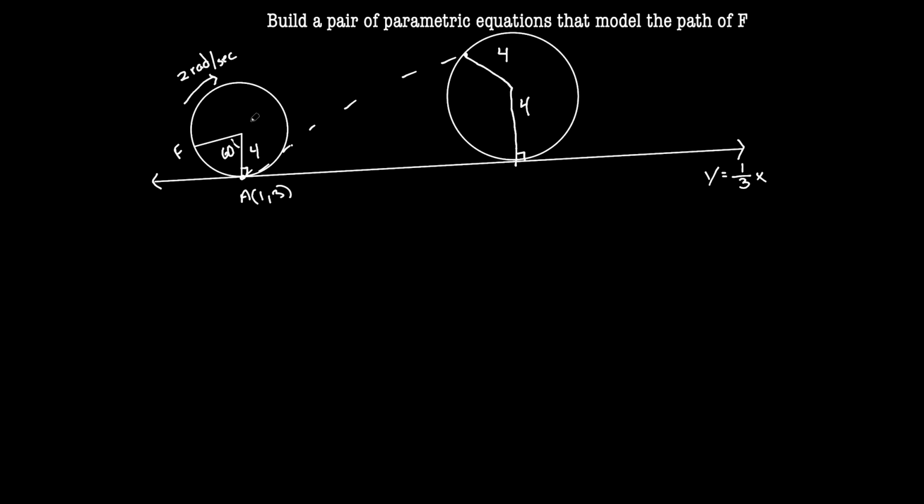Since we know we're moving 2 radians per second, we know this is going to be 2t. And if it said 2 pi radians, it'd be 2 pi t. So it's just taking that number and multiplying it by t. And then we know that these two lengths are going to be 8t, because 2t times 4 is 8t. And since they're equal, they both work.